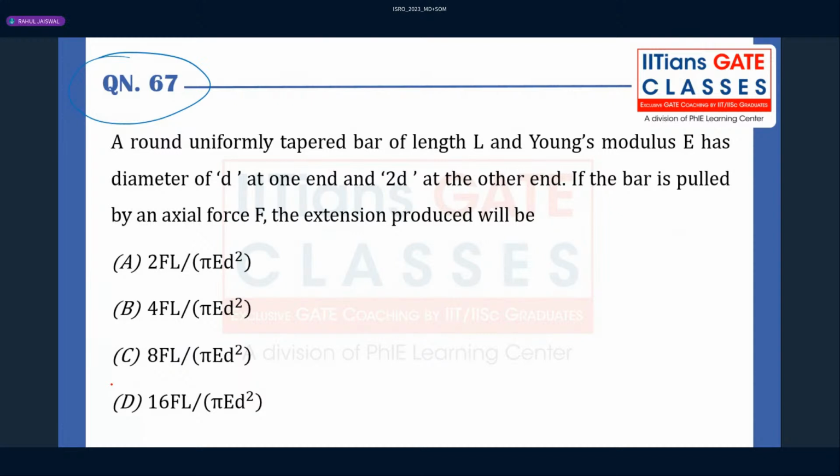A round uniformly tapered bar of length L, having Young's modulus E, has a diameter D at one end and a diameter of 2D at the other end. The bar is pulled with the axial force F. What is the extension produced? How much deformation will there be? Axial deformation they are asking.